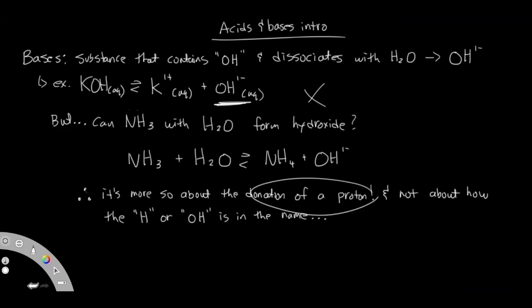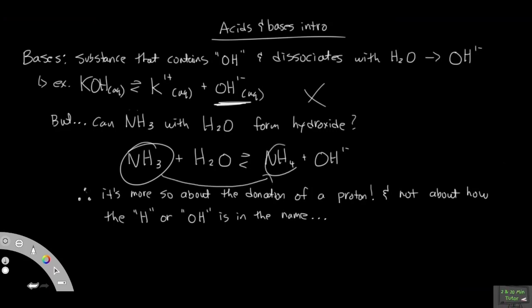What do I mean by this donation of a proton? Well, we've already established just recently that the H is pretty much like a proton. So if there is a donation of a proton, do we see any of that happening with this one or this one? Well, look at this NH3 over here. Its counterpart here is NH4. Did this guy here receive an H? Absolutely.